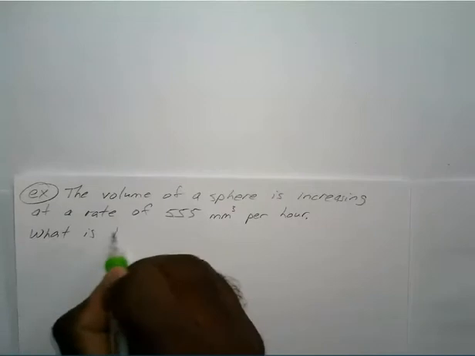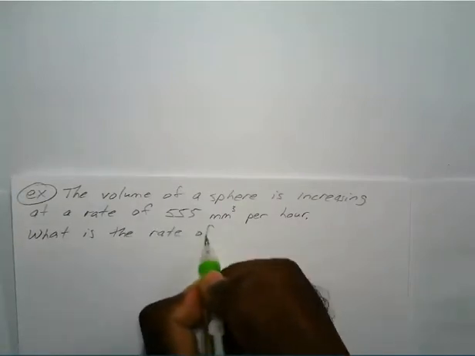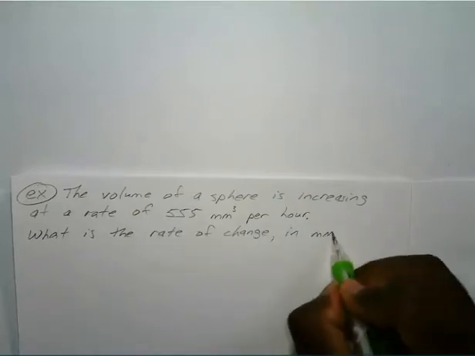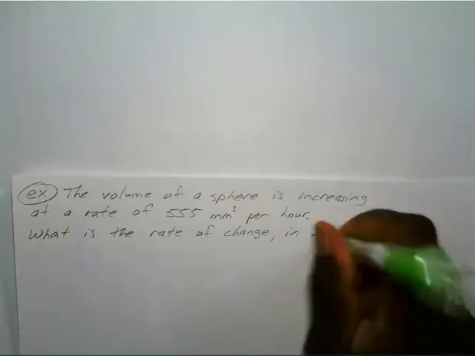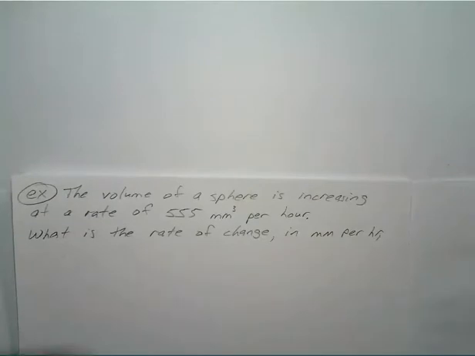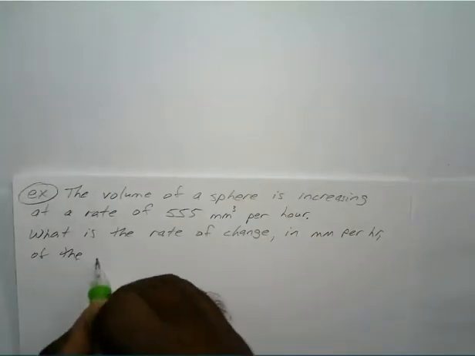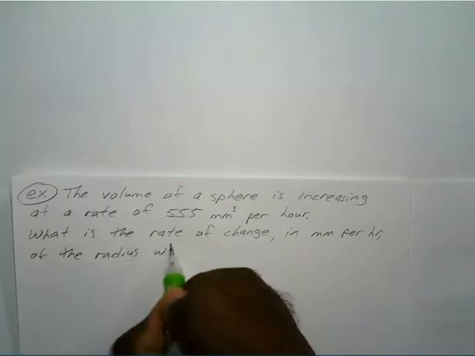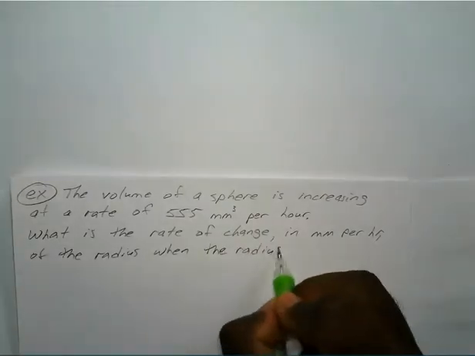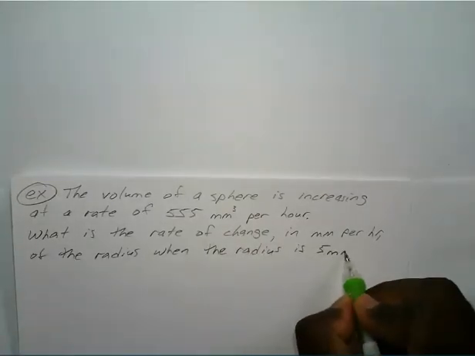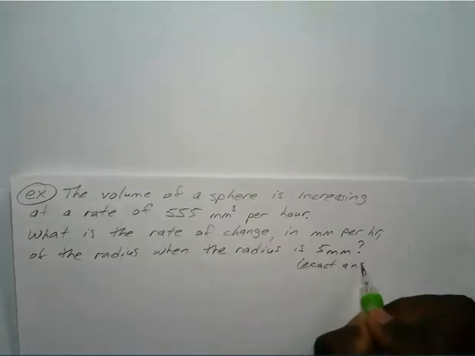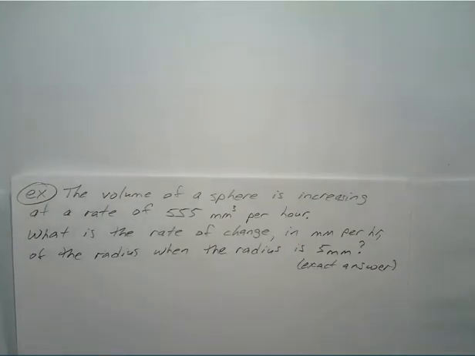What is the rate of change in millimeters per hour of the radius when the radius is 5 millimeters? And you want an exact answer, which means you don't want to have to worry about decimals or anything like that.